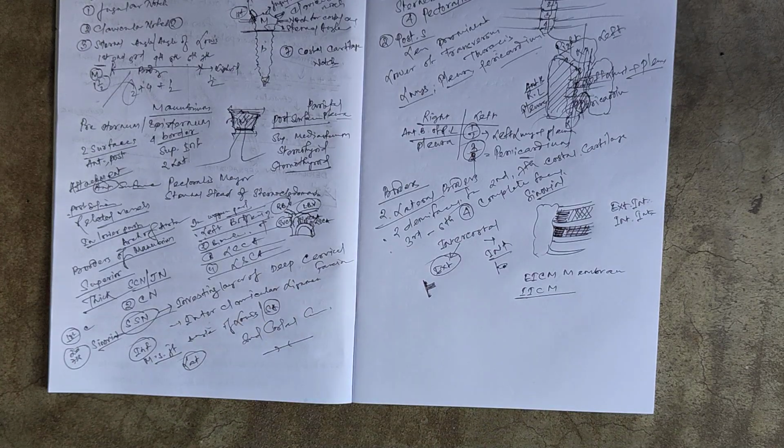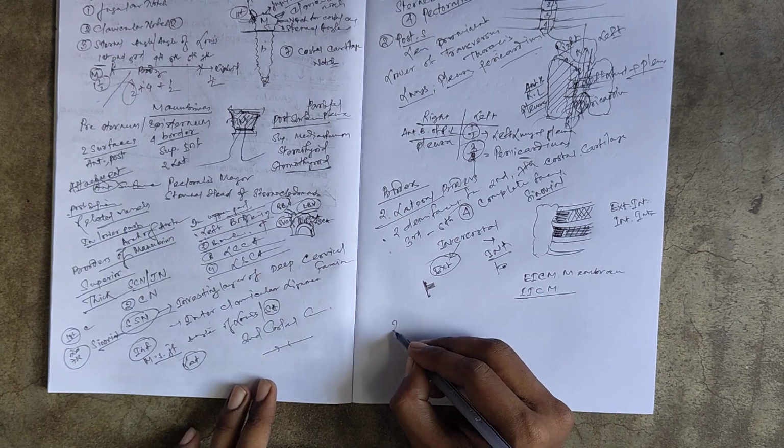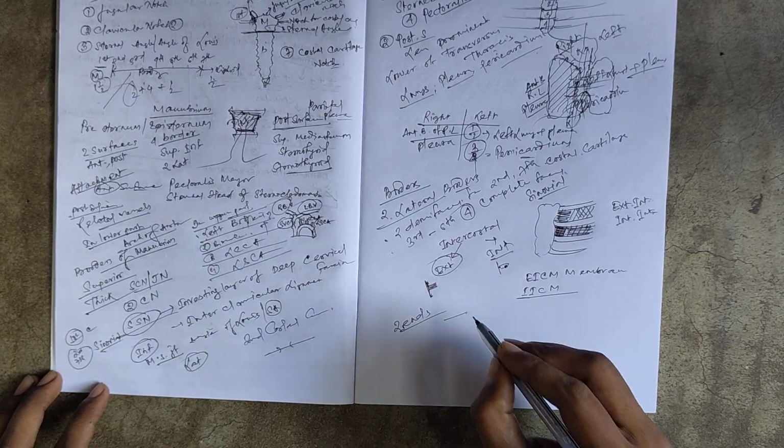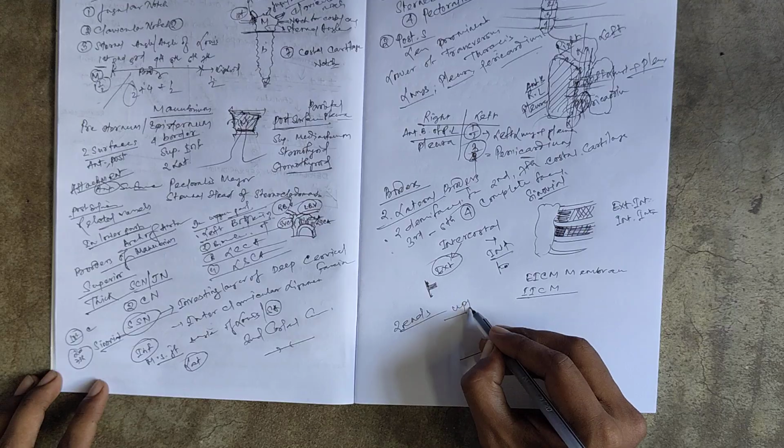So we have discussed the body. If we take a little bit of a summary of the body, there are two ends, the upper end and the lower end.